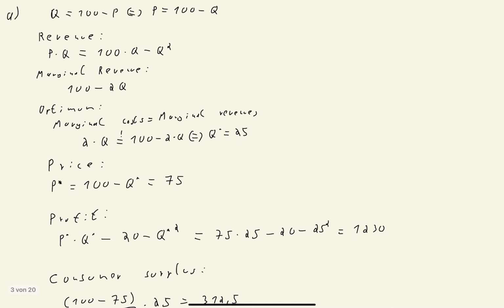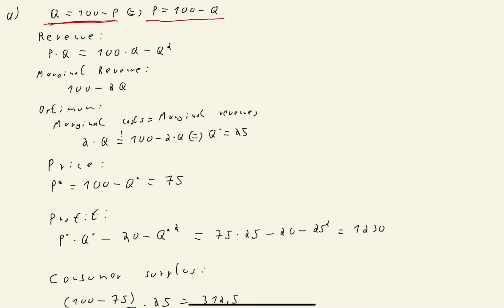So basically, the first thing that we need is to determine the revenue of the firm. And in order to determine the revenue, we need the inverse demand function. What you see here is the demand function, and the inverse demand function is not the quantity as a function of the price, but the price as a function of the quantity.